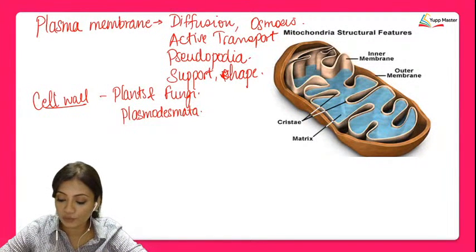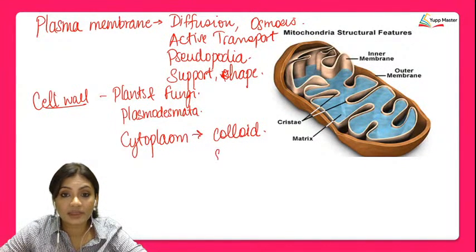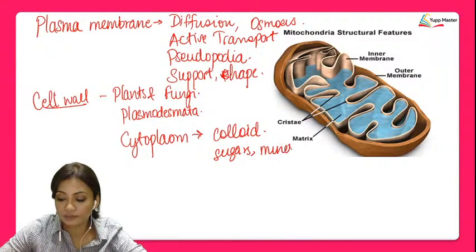And then we moved on to the cytoplasm, which was basically a colloid, and it contained many substances like sugars, minerals, and enzymes.